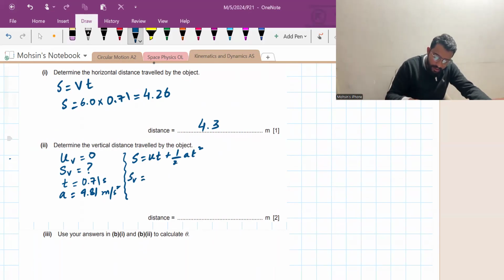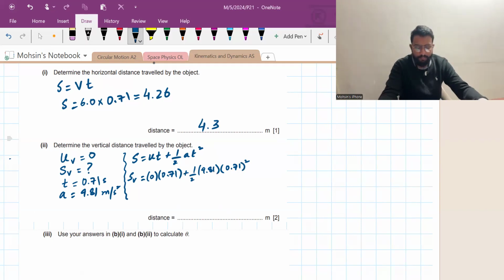S vertical, u is 0, t is 0.71, plus half into 9.81 into 0.71 square. So 9.81 divided by 2 into 0.71 square, it's 2.47.